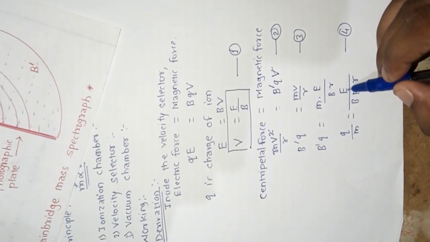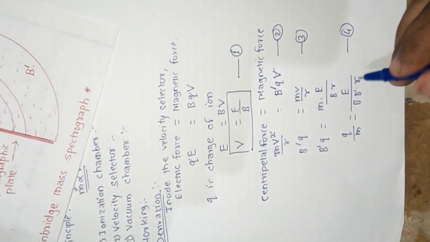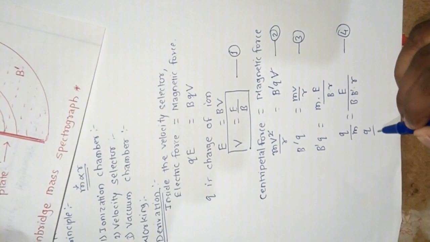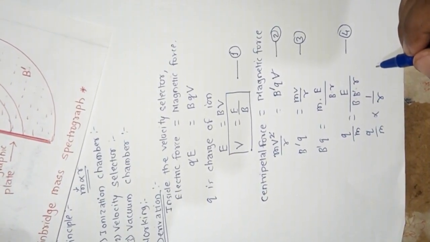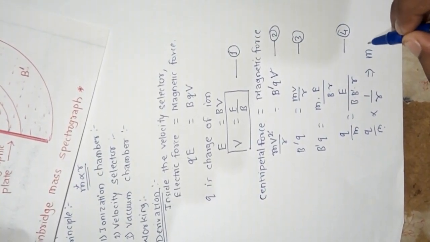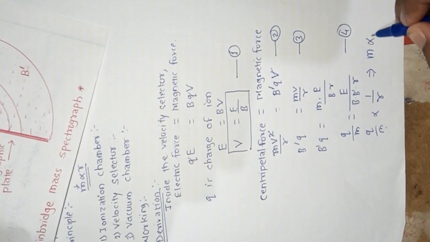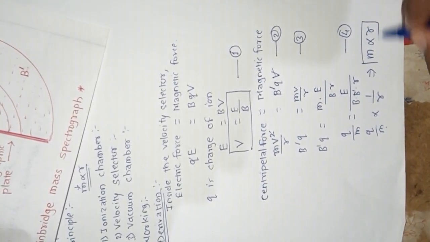Here E, B and B dash are constants. So Q by M is directly proportional to 1 upon R, and that means M is linear with R, that is radii of the semicircular path.